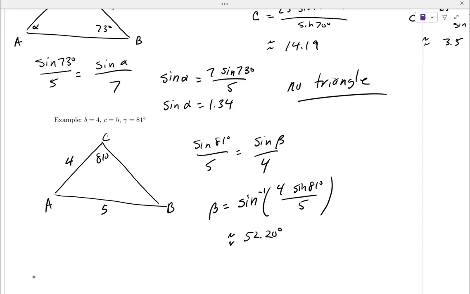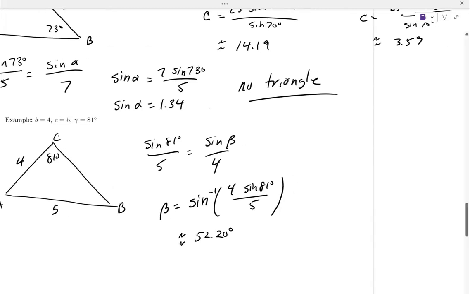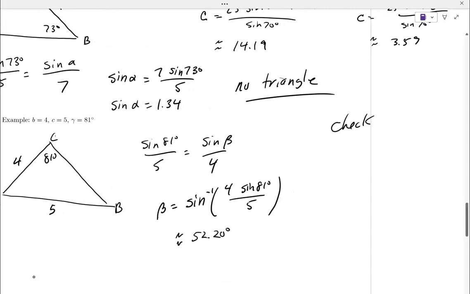All right. Anyway, this is again an example. We found the angle first, so we should check to see if there's a second triangle. How do we check? What do we do? Good. So check for a second triangle. We do 180 minus 52.2, which is 128.8.